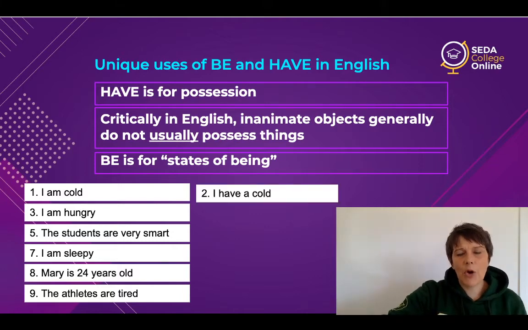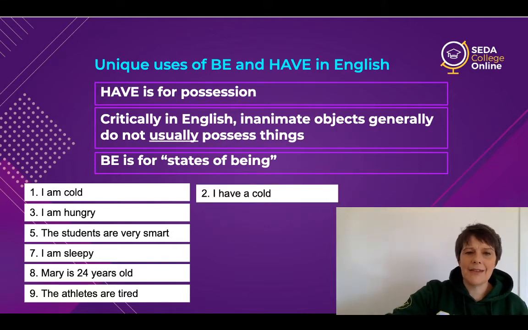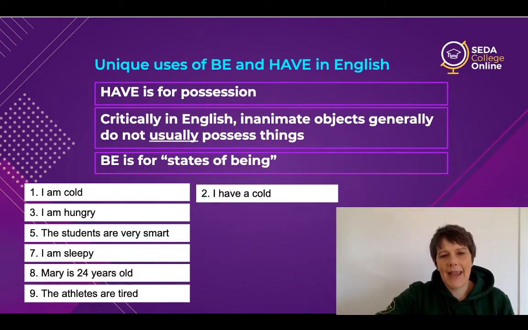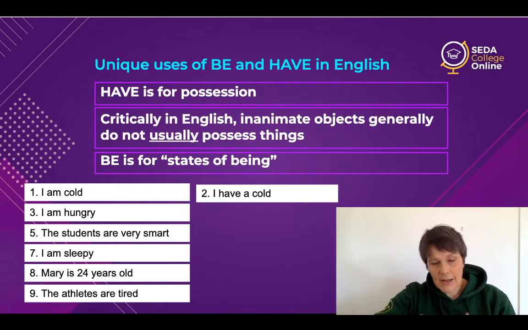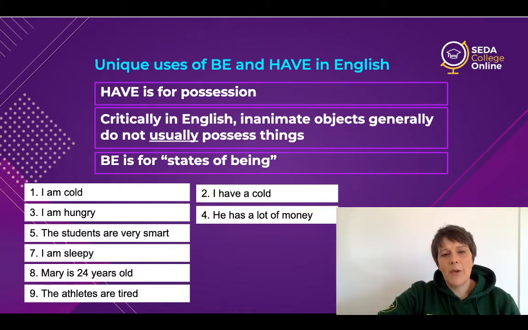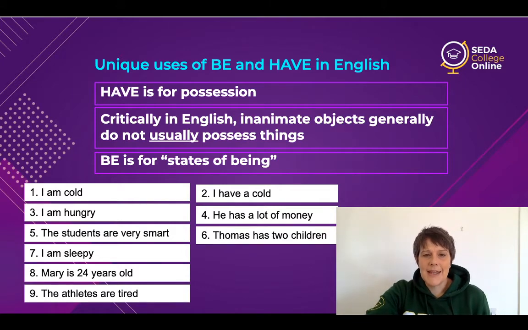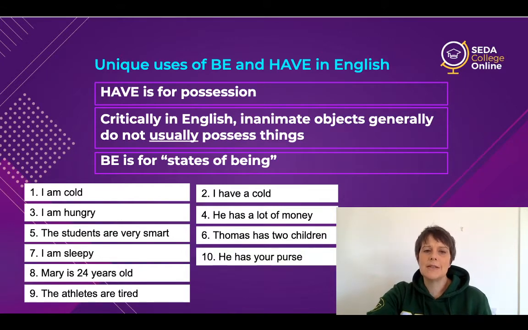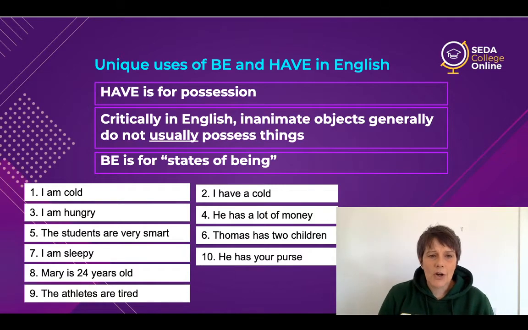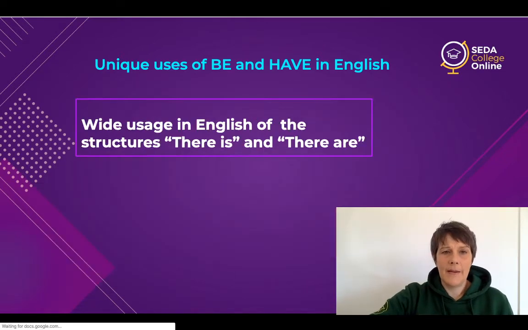And then you have a cold is because you have some type of illness, a condition that's sort of external. You can see somebody sneezing and coughing with their eyes running, that's a cold. You have a lot of money, you can see that as a person. You have 2 children, you can see them, and if he has your purse, you can see it. So it's sort of internal and external.